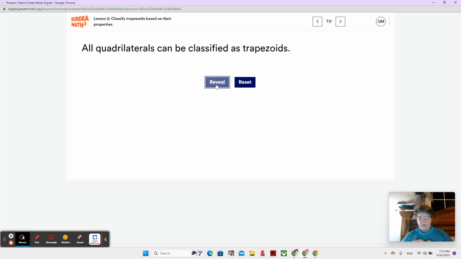All trapezoids have exactly one pair of parallel sides. That's 3 in Edpuzzle. And all quadrilaterals have at least 2 pairs of supplementary angles. At least 2 pairs. Sorry, I didn't show it to you. That's going to be number 4 in Edpuzzle.